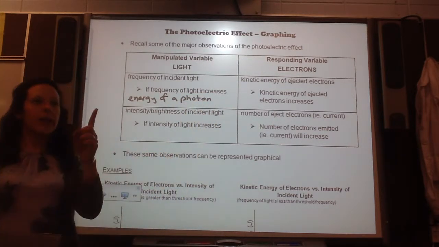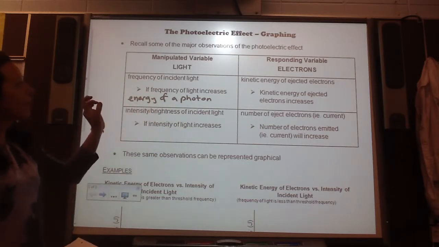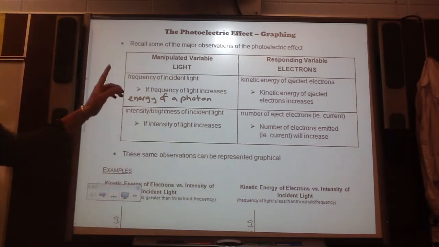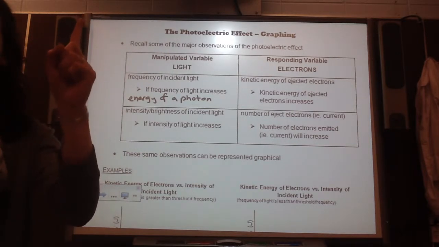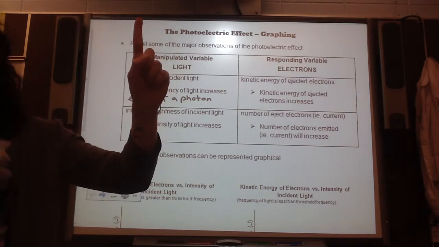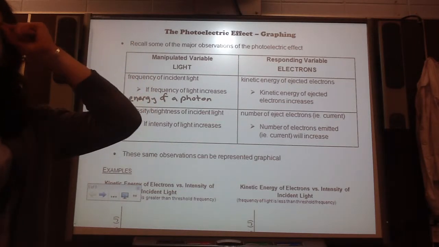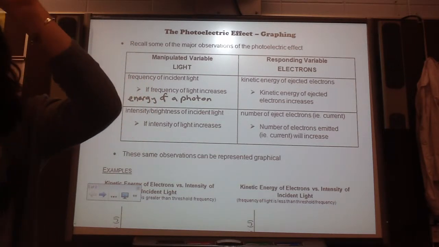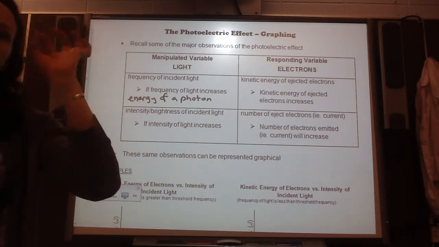So one individual photon's energy increases. Then the kinetic energy of the ejected electrons increases because it's one photon per one electron. If there's more energy coming in, there's more energy going out, okay? So when you think about the word frequency, think about it as the variable F, not as 'more frequent.' Think about energy per frequency, okay?